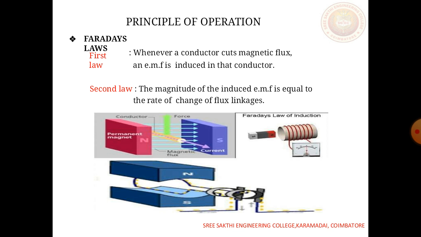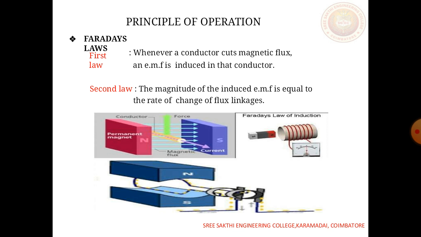Next, we are going to see its principle of operation. I have already said it works behind Faraday's law. Here I have given you Faraday's first law and second law. The first law is that whenever a conductor cuts magnetic flux, an EMF is induced in that conductor.